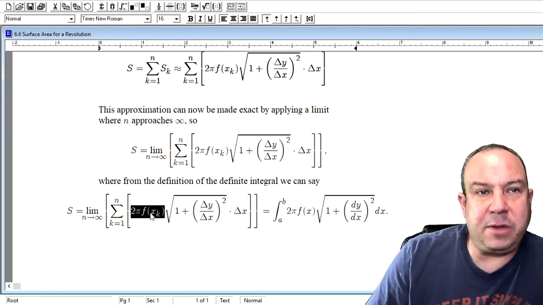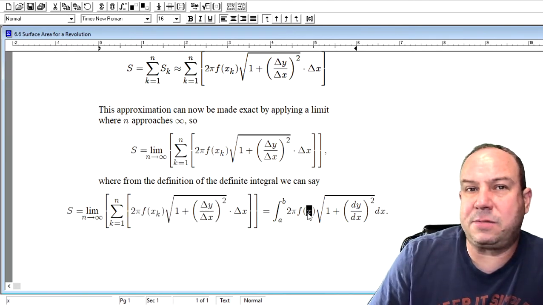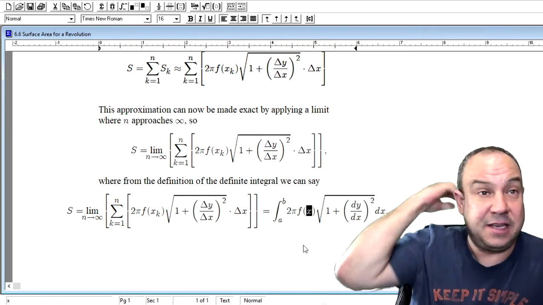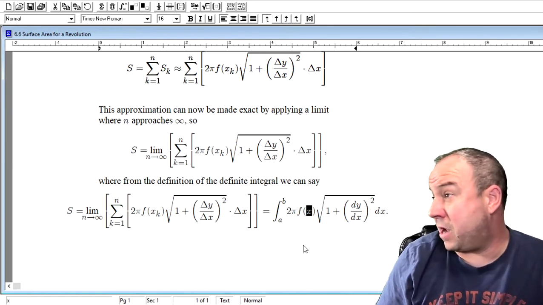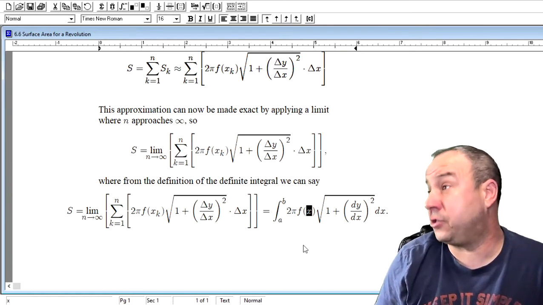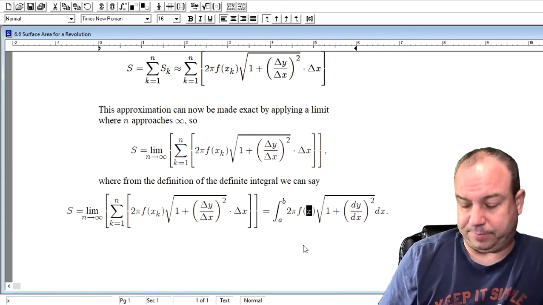We are going to be left with an integrand given by this quantity here, where the x sub k gets dropped and it's f of x. And the delta quantities, delta y and delta x, those incremental changes in y and x become differential changes in y and x, dy and dx, respectively.